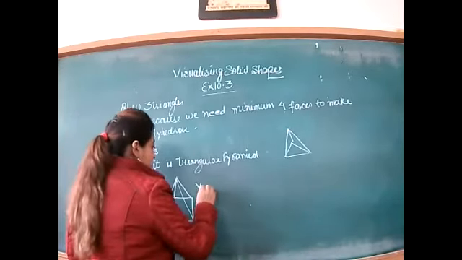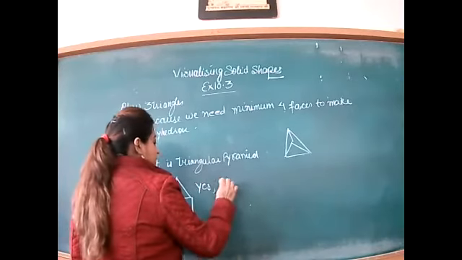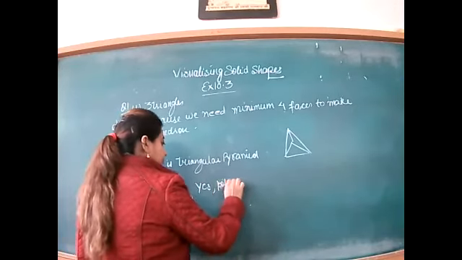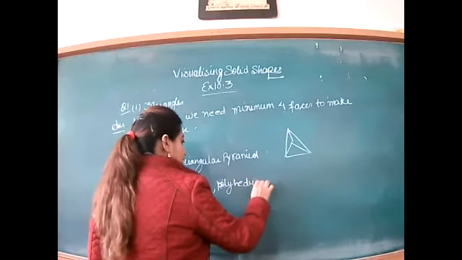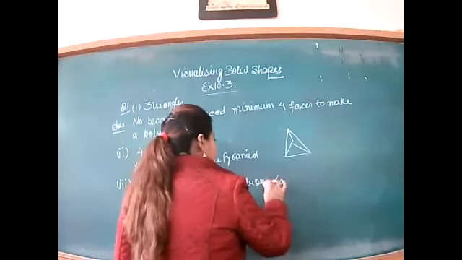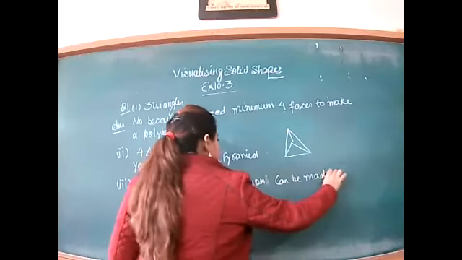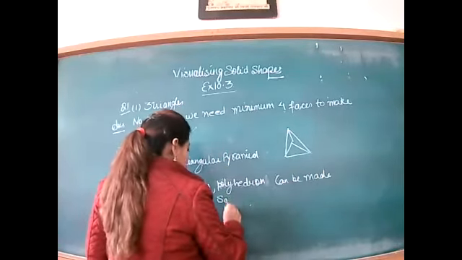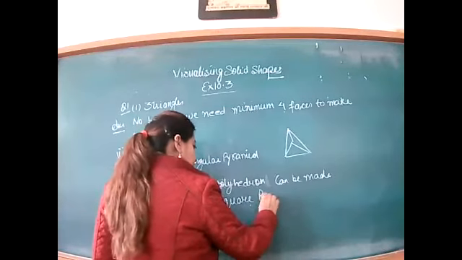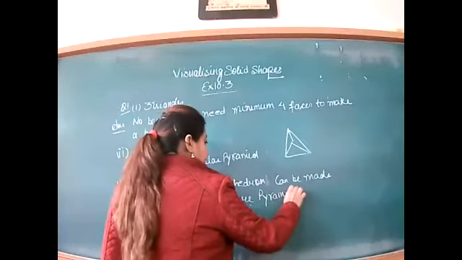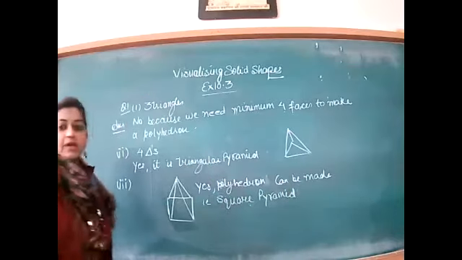Yes, a polyhedron can be made, that is a square pyramid. Okay.